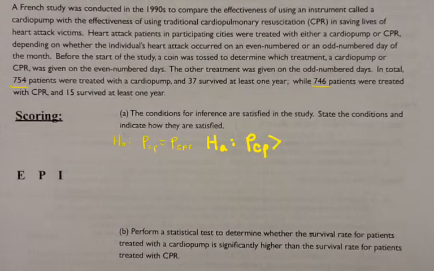Yeah. I did it backwards, but okay. So now if you did yours differently than mine, like if you did it backwards, if you did CPR is less than CP, that's great. If you did the subtraction, where I said here that the probability of the cardio pump, or the P, minus the proportion for CPR.